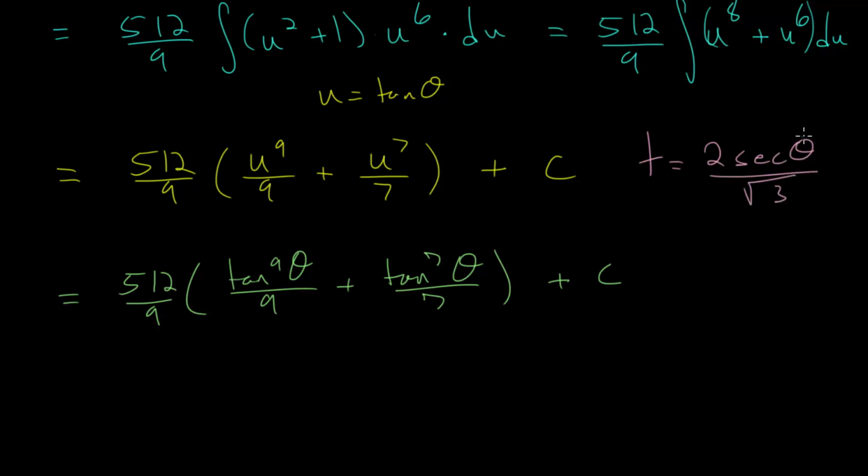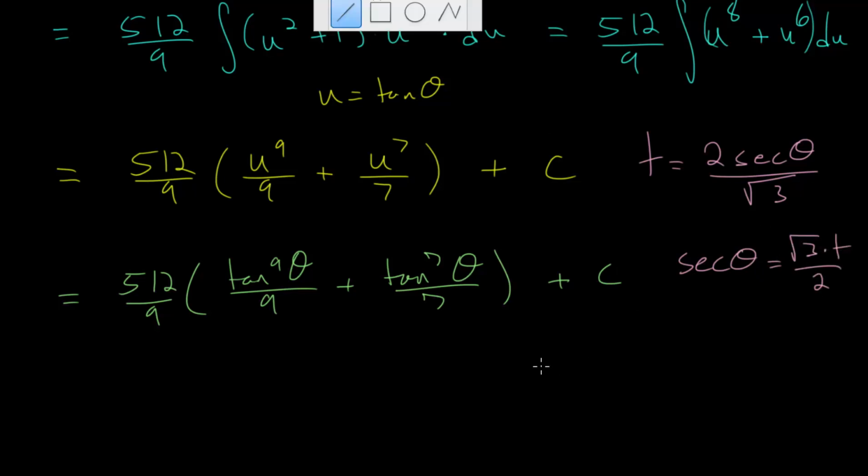So we need to relate theta to t now. And to do that, we'll need to make a right triangle. So let's first solve for the secant of theta. We have secant theta is root 3 multiplied by t over 2. And we can draw in a right triangle here.